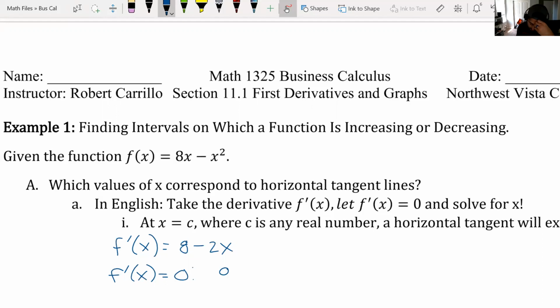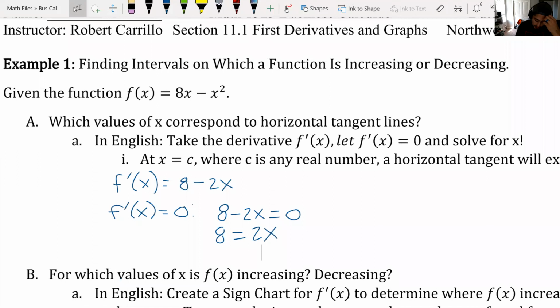So you take 8 minus 2x and set it equal to 0. Now solve for x. I'll move the 2x over, so I get 8 equal to 2x. And then I'll divide by 2. And x is going to equal 4.